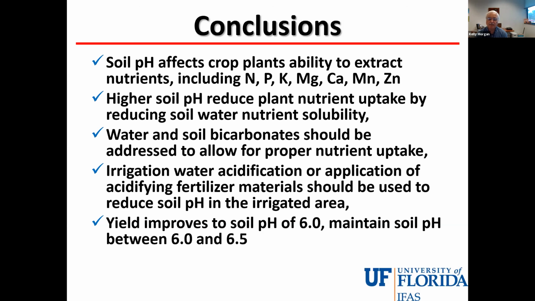So if you start off with a pH in say the mid-7s, and acidify your irrigation or directly acidify your soil for a number of years, you can be in that pH range of 6 to 6.5 on a fairly steady state at that point. So you can reduce the acidification of your water, and the cost of acidification would go down dramatically.